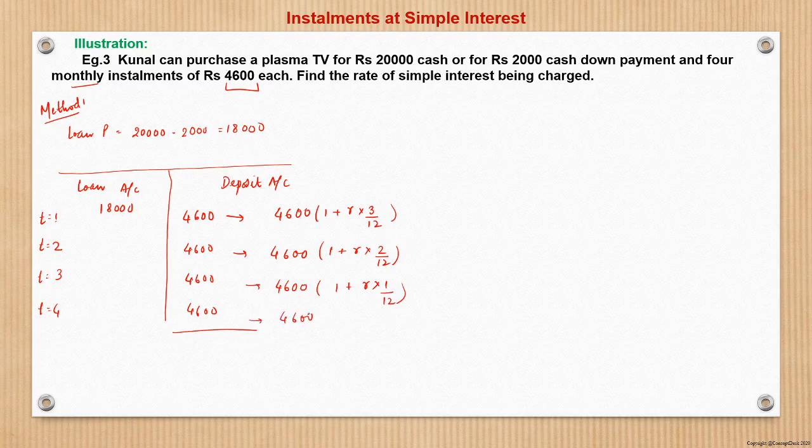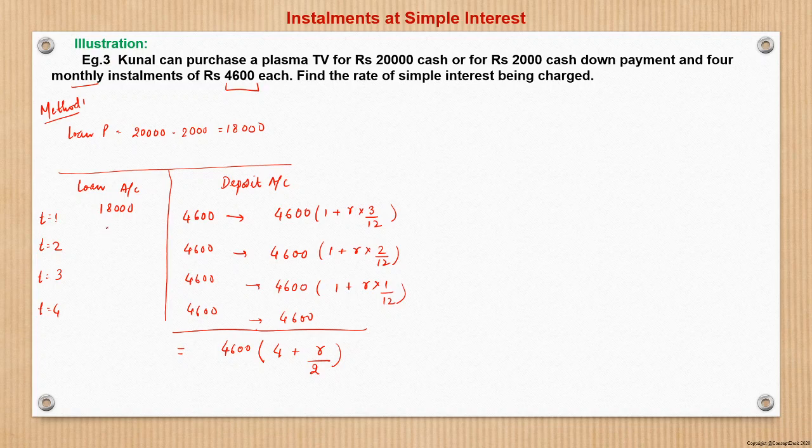So if we add everything, we will get 4,600 into 4 plus this. If we add R by 4, R by 6 and R by 12, we will get R by 2, right? And this should be equal to the value here.